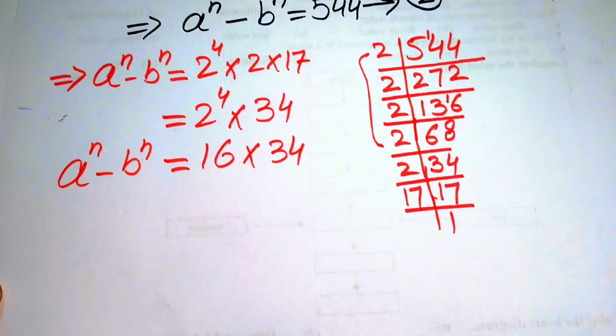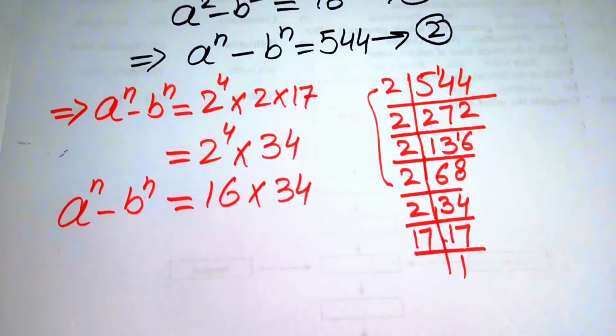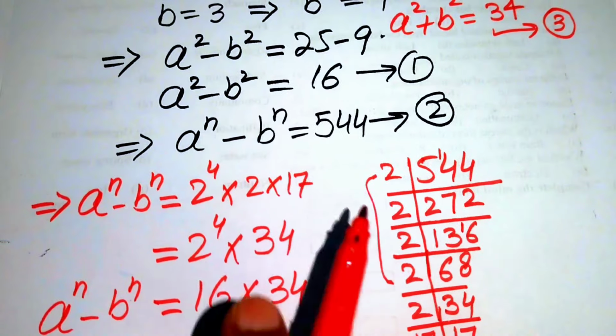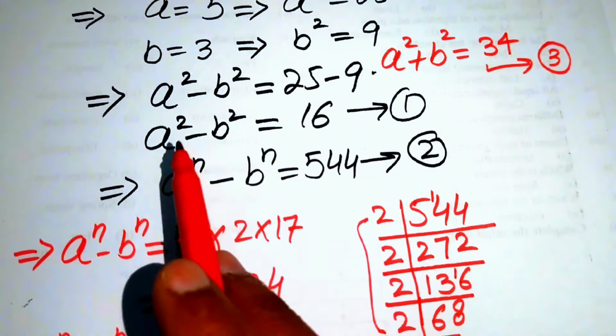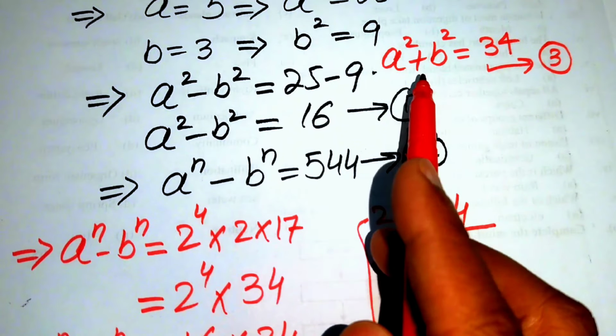In the next step we use equations number 1 and 3. In equation number 1 we have 16 equals a square minus b square, and in equation number 3 we have 34 equals a square plus b square.